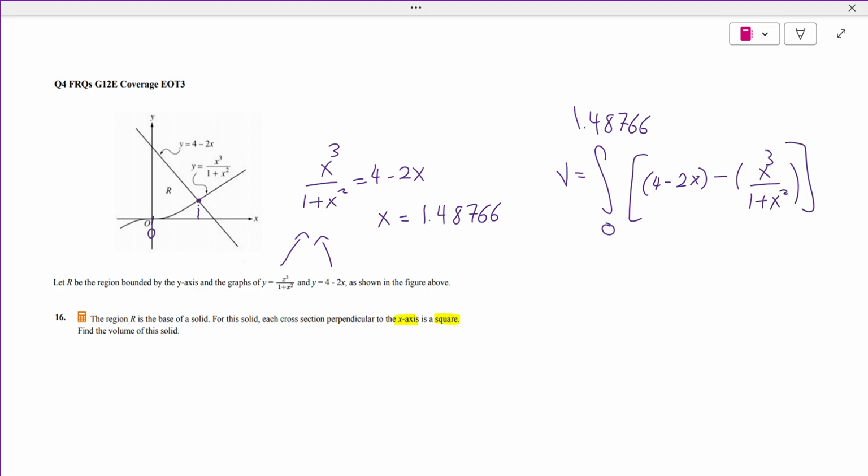This is all squared dx. Use your calculator to solve. 8.997. This is the volume of this solid. So, moving on to question 17.